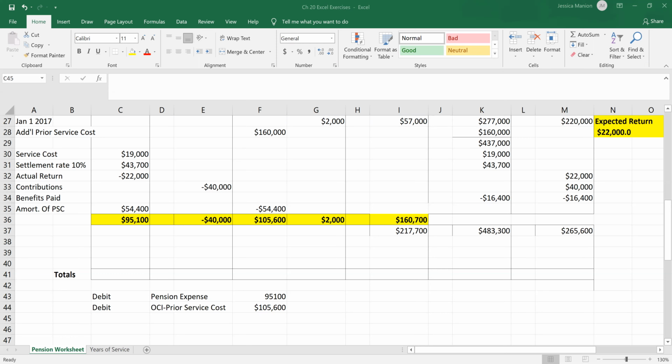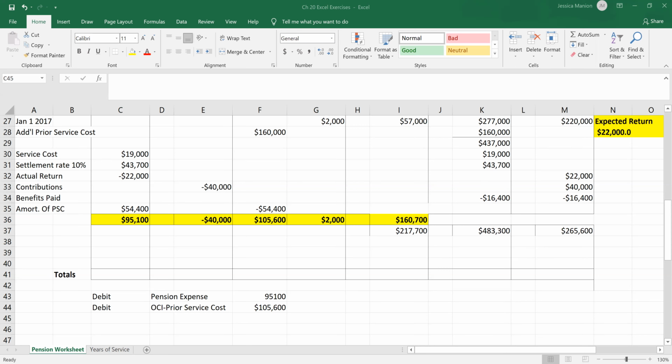Let's see here. So we've got in other comprehensive income, 103. Right, so we have to add it back to it because it should, well, 105, or no, I guess there's not any changes to it. So debit, other comprehensive income, 105,600, debit, pension expense, okay.